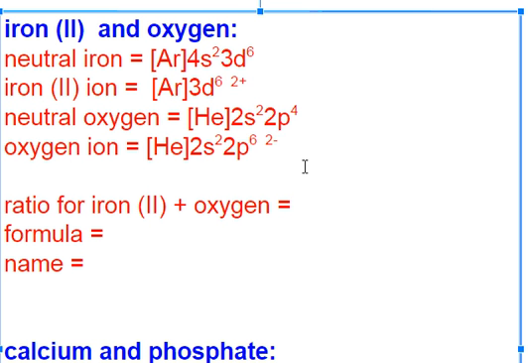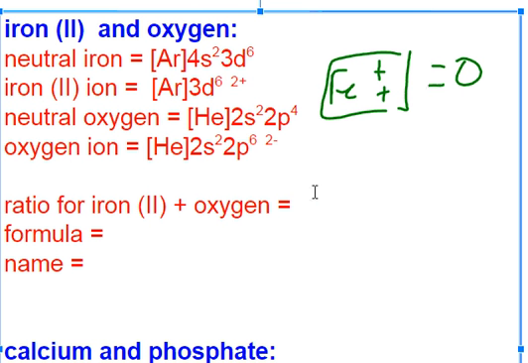So then the ratio for iron 2 and oxygen, this is where I like to draw the little boxes, and you don't have to. All I'm going to look for is the formula. If I know Fe loses 2, I'm going to draw a box to show that's 1 iron ion, and I know oxygen needs 2.